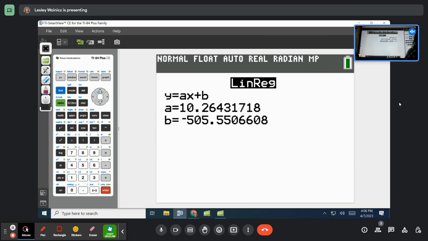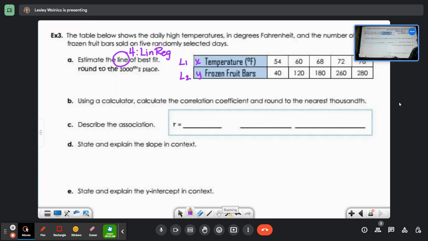It's telling me that my slope is 10.264, and my y-intercept is negative 505.551. So, write that down, my equation.